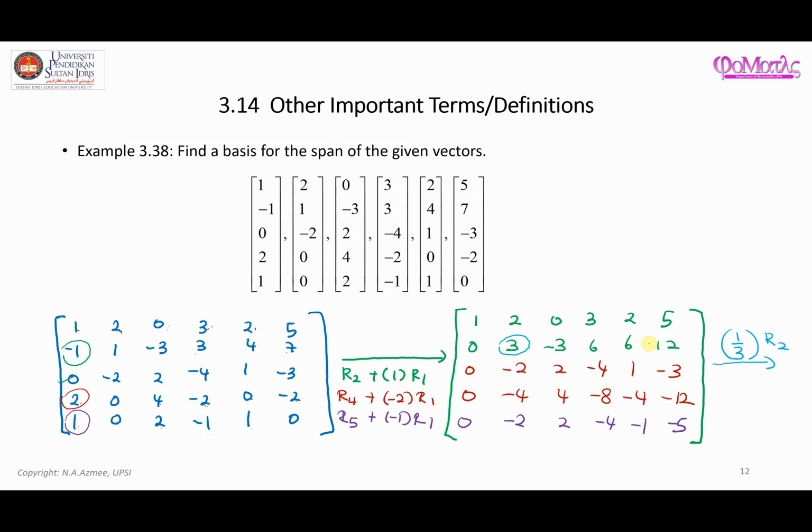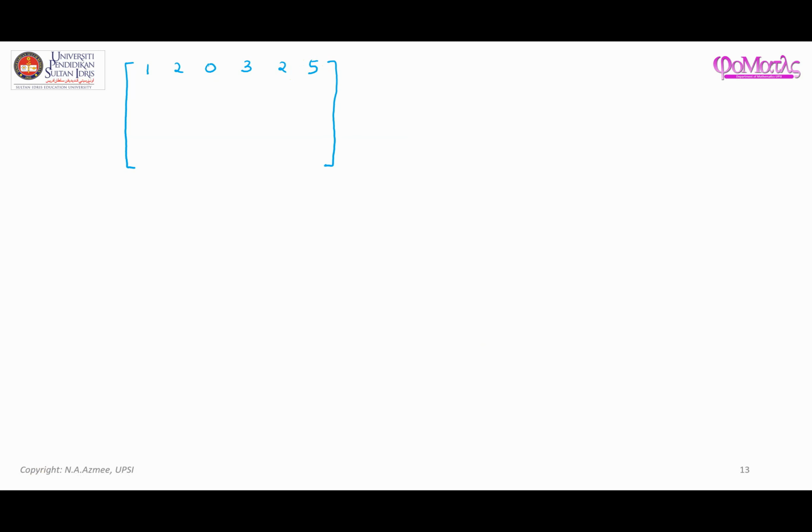Okay, so what we have is 1 2 0 3 2 5. Yep, that's the first row, and everything here will be divided by 3, so we will have 0 1 negative 1.